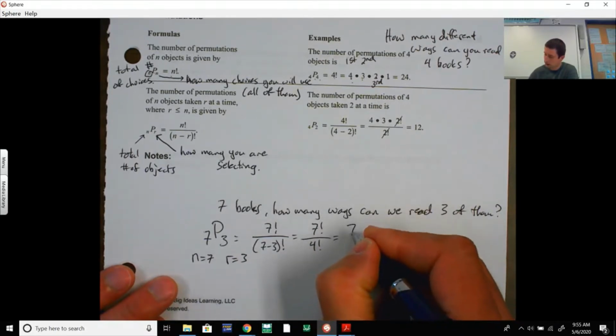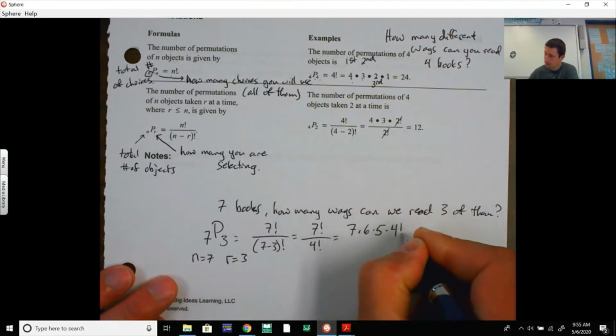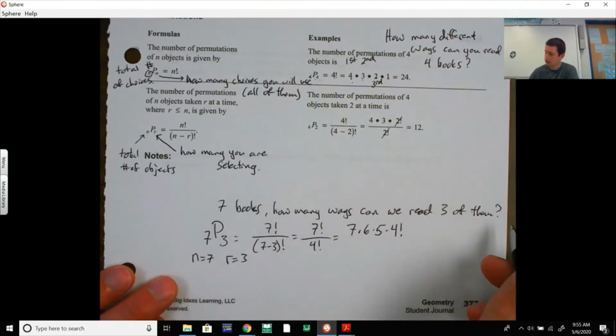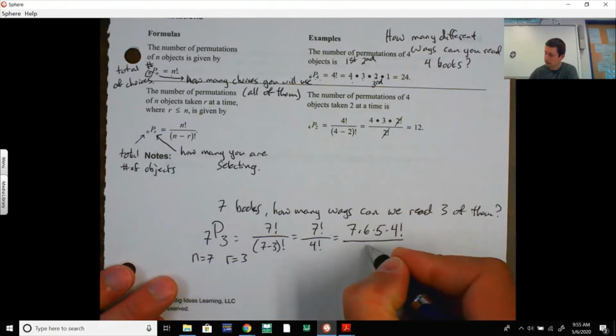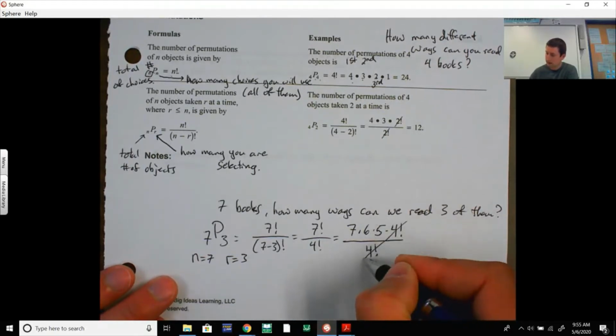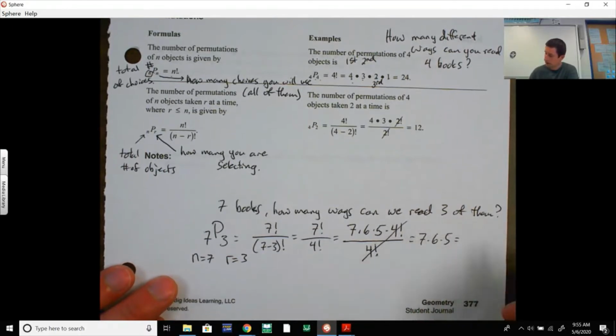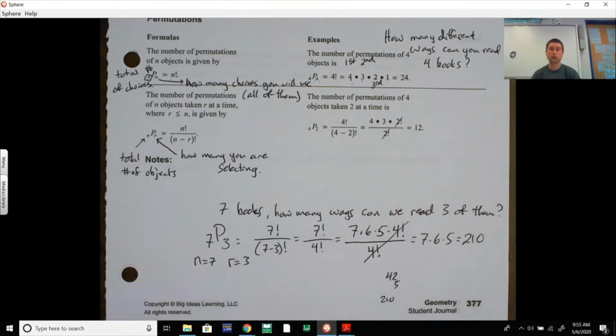We have 7 times 6 times 5 times 4, and then that keeps going on. I stopped at 4 because that's the number on the bottom. These cancel off, leaving us with 7 times 6 times 5: 42 times 5, that's 210, I believe. Check my math, yep. So there are 210 different ways you can read 3 of those books.